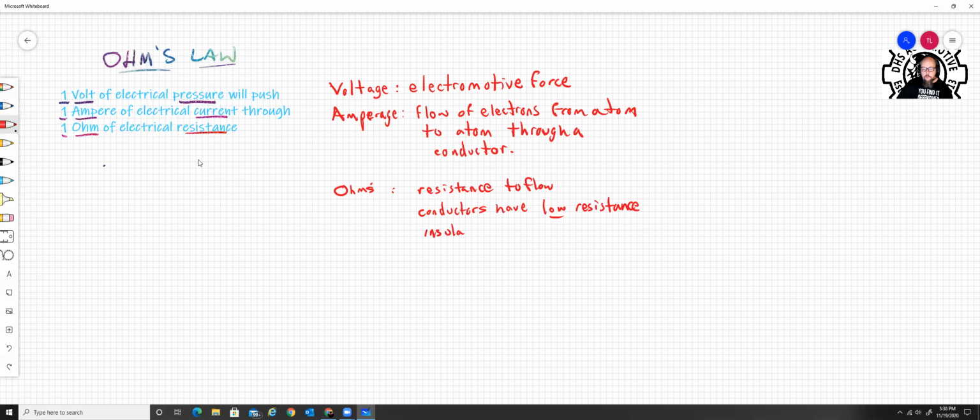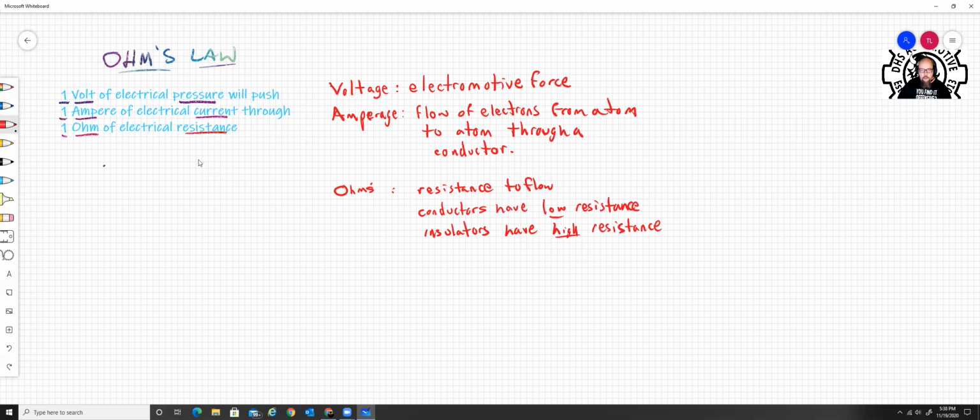Insulators have high resistance. Now, these values are subjective. You will learn them as you carry on through the automotive world.